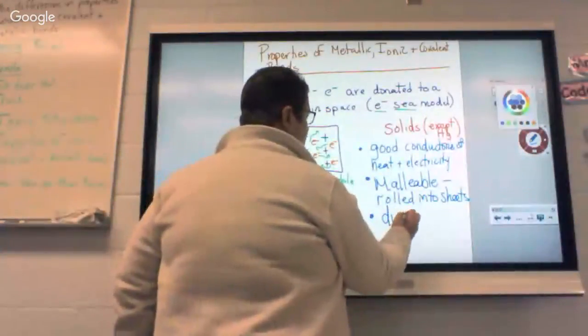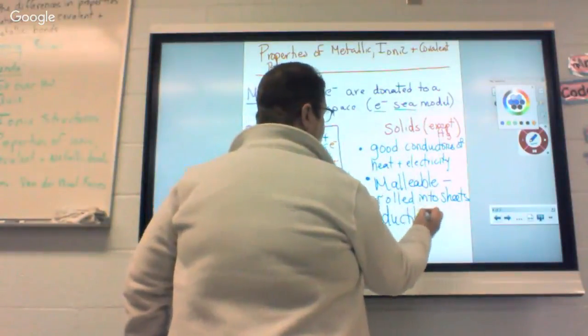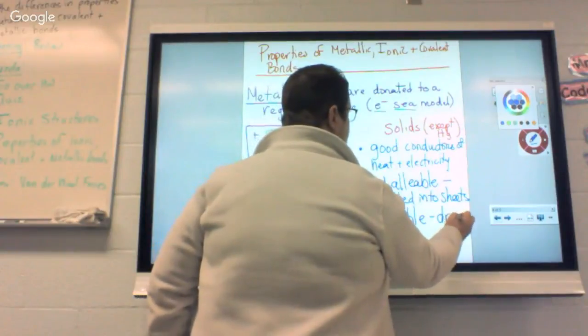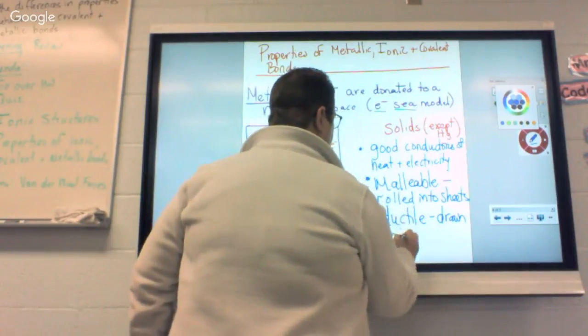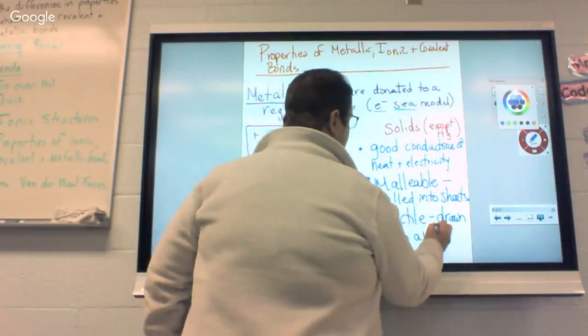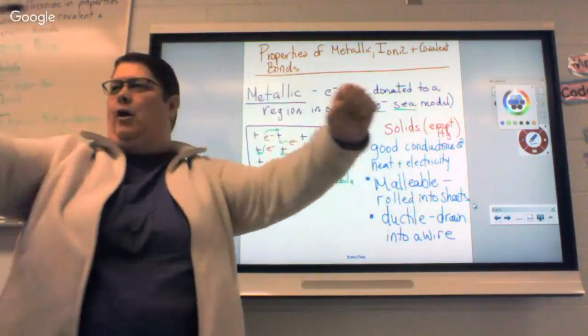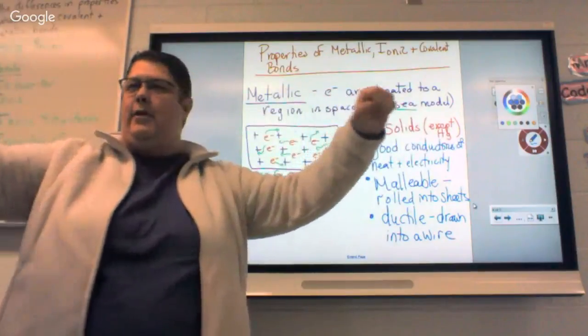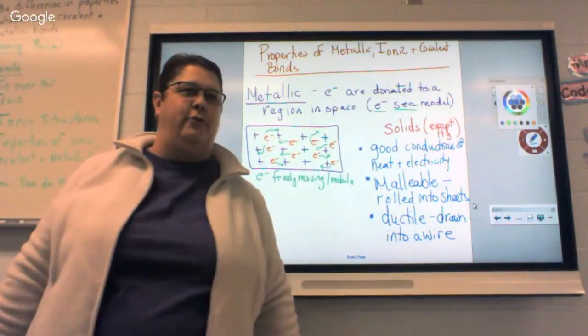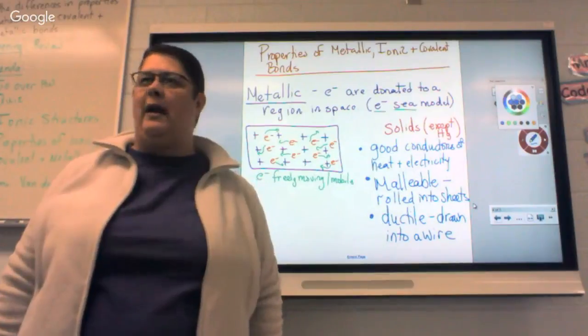Metals are ductile. They can be drawn into a wire. So I can squeeze them tight into a wire, because when I squeeze them into a wire, those electrons just move out of the way. They're like Play-Doh.